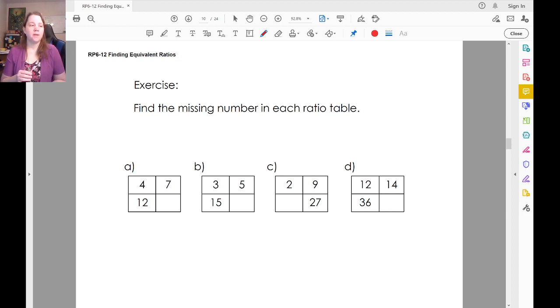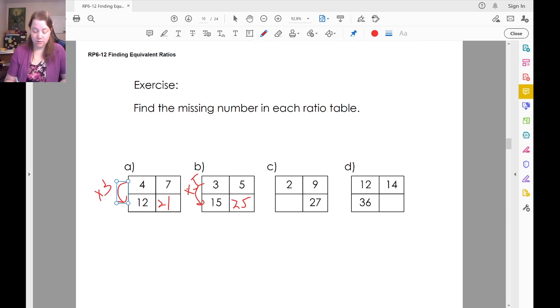Welcome back. So, to go from 4 to 12, that's times 3. So 7 times 3 is 21. To go from 3 to 15, that's multiplying by 5. So 5 times 5 is 25.